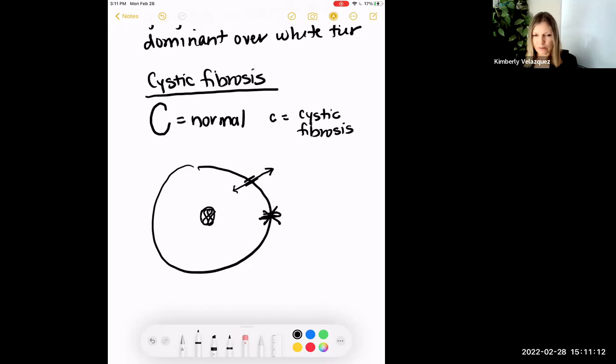Salts accumulate, and in response, the body forms mucus, especially around the lung cells. This mucus damages the lungs, the cells of the lungs, and other cells in the body, and over time ends up resulting in the death of this person.